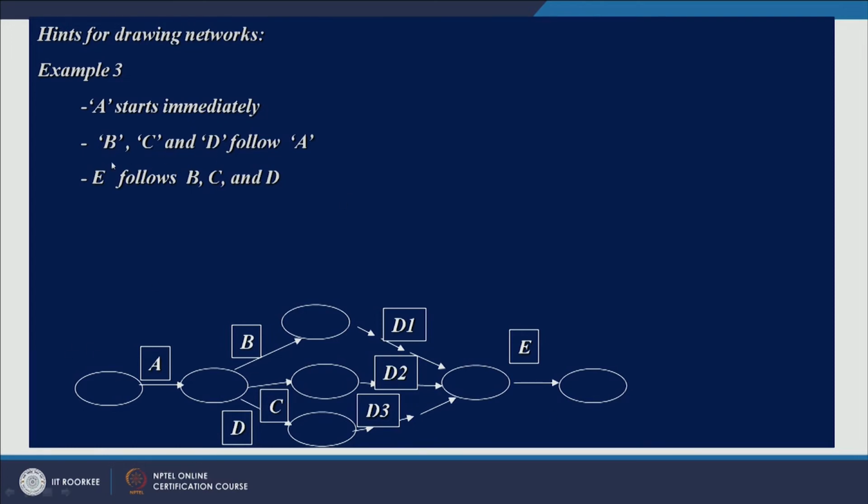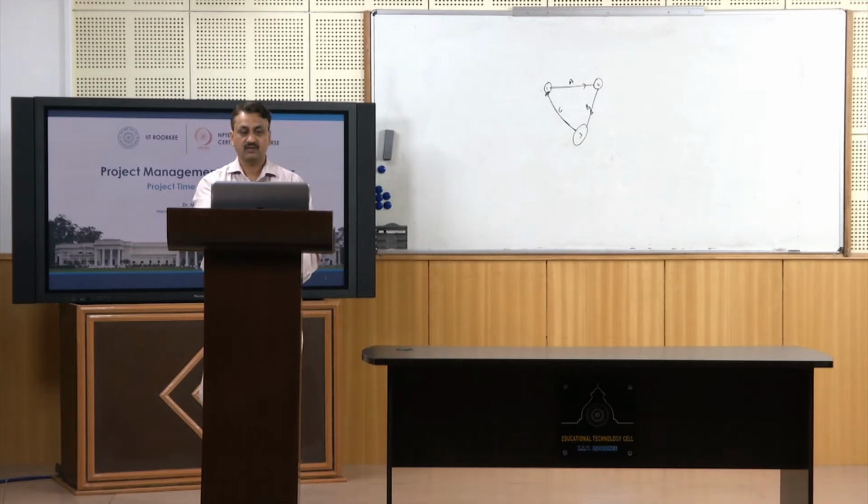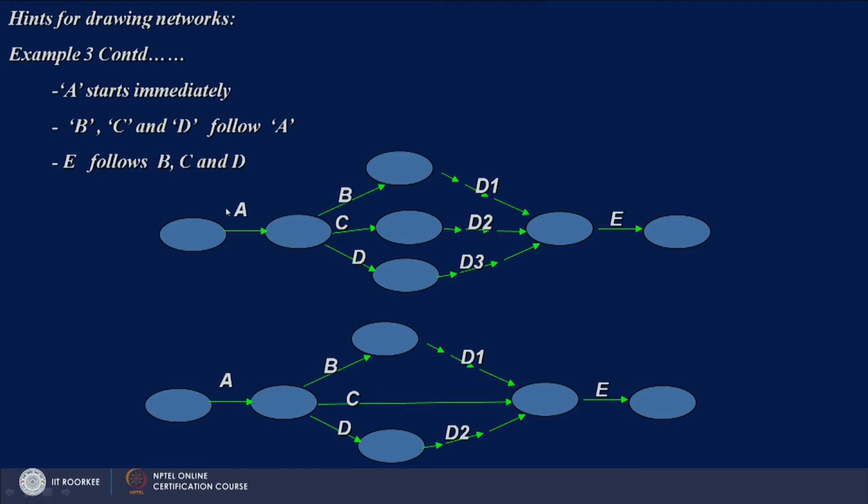Then E follows B, C, D, but you have used 3 dummy activities D1, D2 and D3. So, this is one way of representing the network. You could have used another way of representing the same network. So, this was our first answer for this particular question.